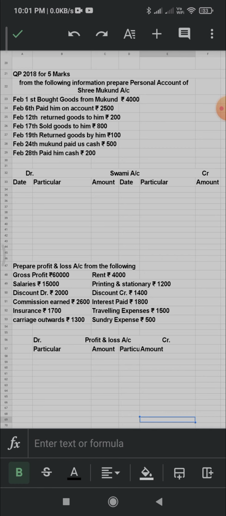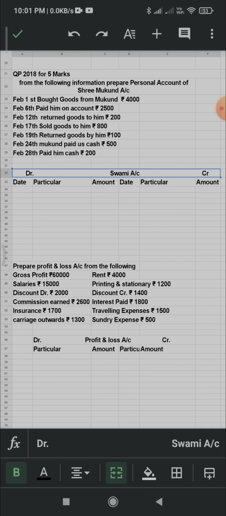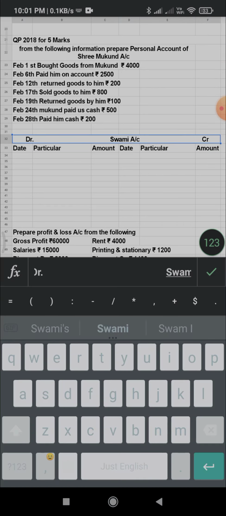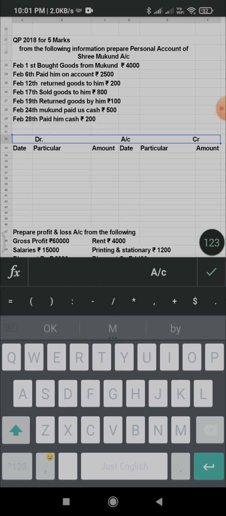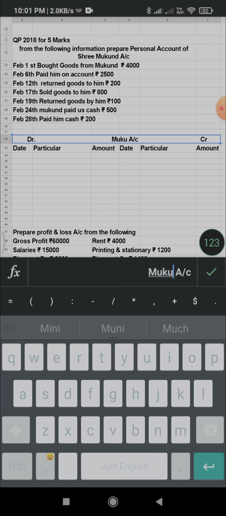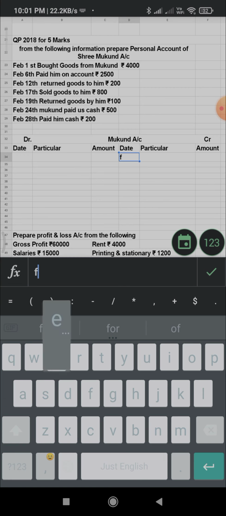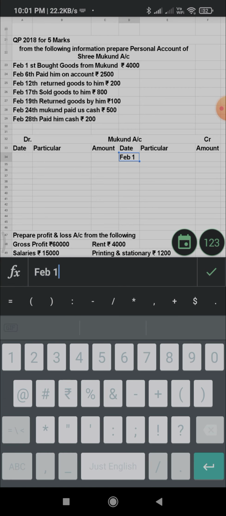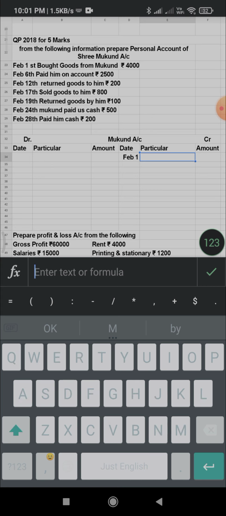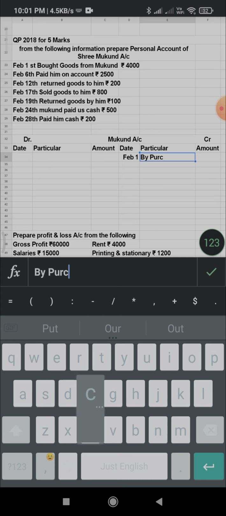Here we should write the Mukund account, on the credit side. First we should write the date, February 1st. The date is important. We start with "by purchase account".